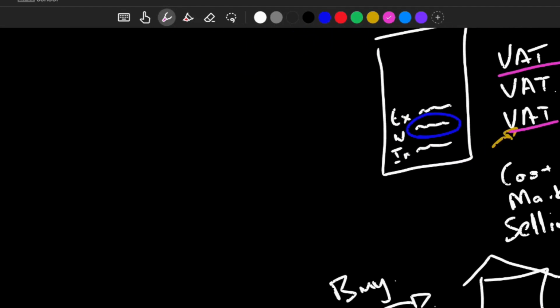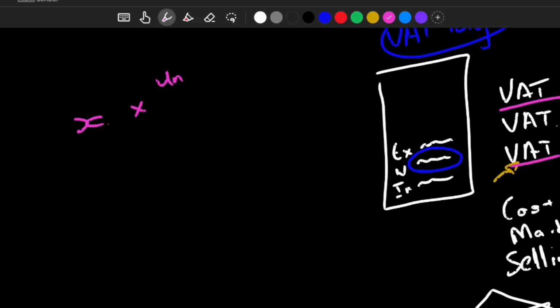So the practical way is for me to say, what you do is you're gonna have your X amount, so whatever you're given, that's your X amount, multiplied by unknown over known. Unknown over known, right? And this part, always remember that this part is percentages, right?